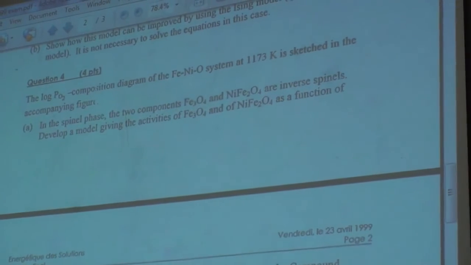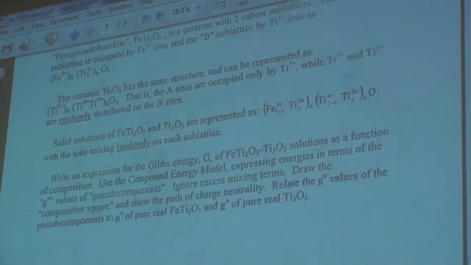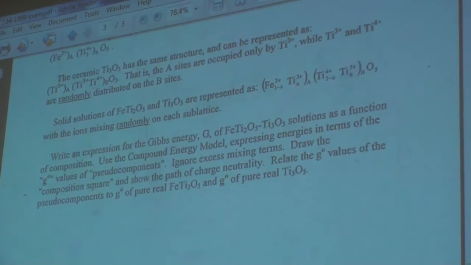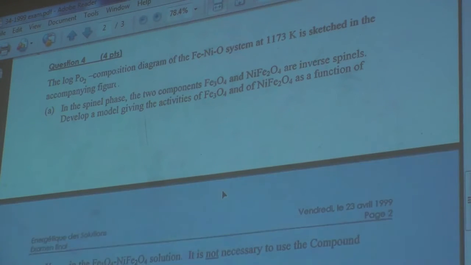Okay, this is your log PO2 composition diagram for the iron nickel oxide and oxygen system. You sketched in the figure, which isn't here, but it doesn't matter. The log PO2, you've got an iron nickel oxygen system. In the spinel phase, the two components Fe3O4 and NiFe2O4 are both inverse spinels.